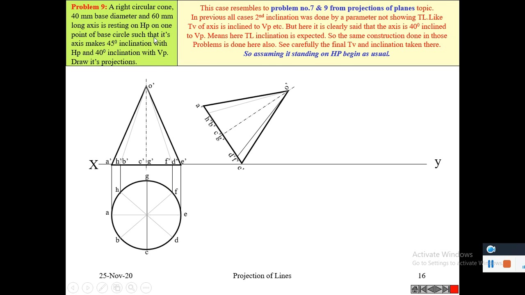Now it is drawn at an angle 45 degree with HP. It is reproduced here.